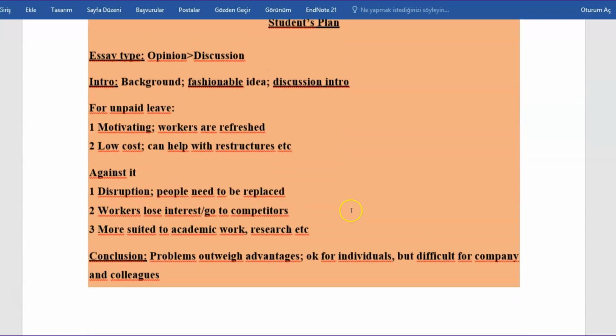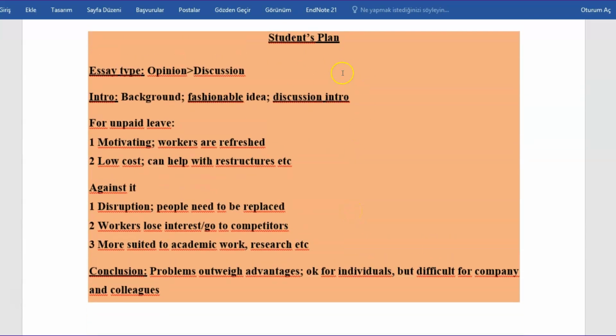Okay, how should we do our essay planning? We prepared and explained in more detail regarding essay planning. You can take a look at them. As I explained above, this is the most common type, an opinion or discussion type essay.